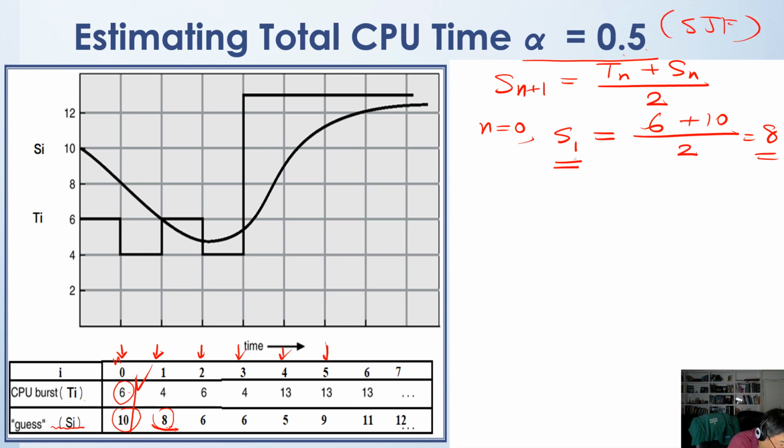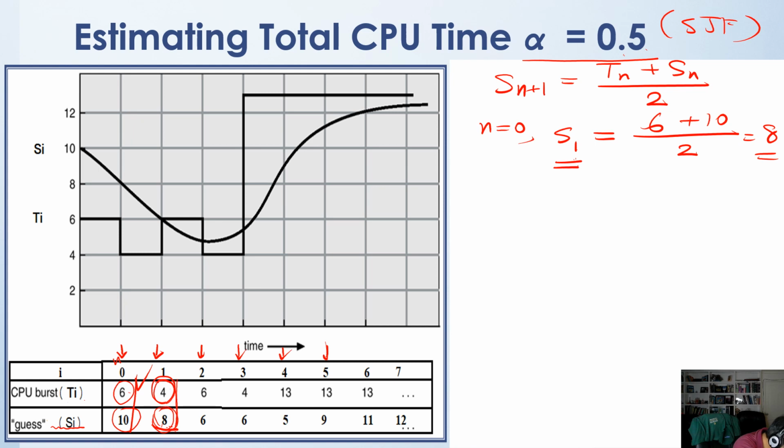Once the process gets the CPU and executes, we observe that the process only used the CPU for, say, 4 seconds. Or any other time unit, it's just 4 time units. So the prediction is wrong again. The actual CPU time is shorter than 8. That's fine. Then we continue to do the prediction.